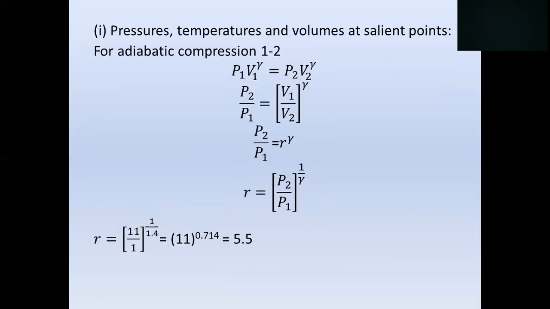Therefore, R is equal to P2 value, pressure is 11 bar, then P1 value is 1 bar, the whole power 1 divided by 1.4, we get the value of R is equal to 5.5. Therefore, the compression ratio R is equal to 5.5.